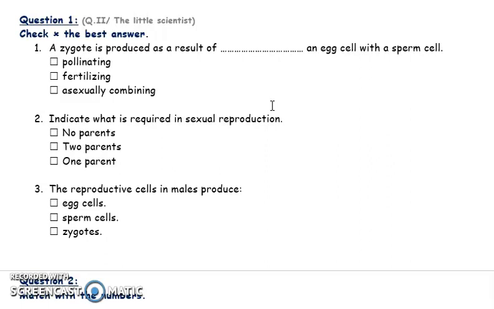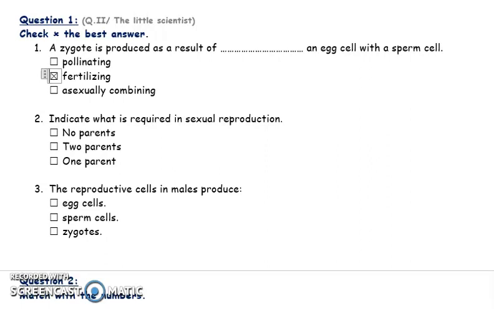Their union results in a zygote. What do we call the union of an egg with a sperm cell? Is it called pollinating? Is it called fertilizing? Or asexually combining? This process is called fertilization. So this is the correct answer.